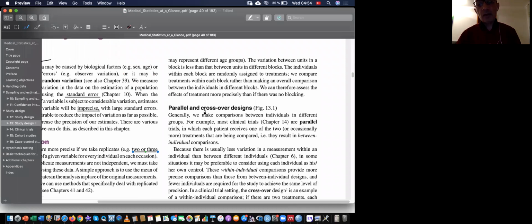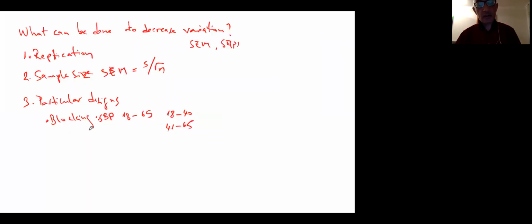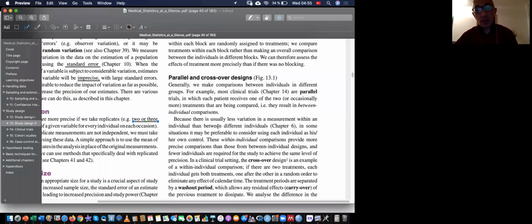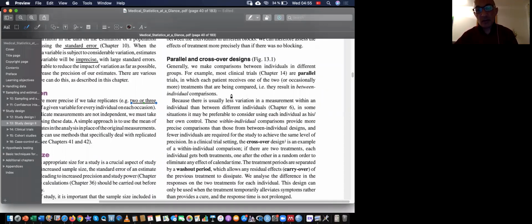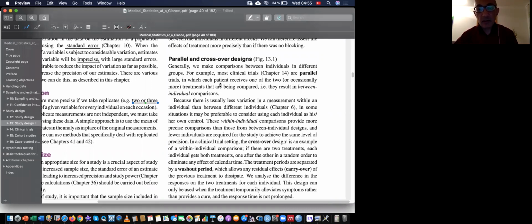Then we have parallel versus crossover designs. What is that? Let me try to explain the parallel and crossover designs. Mostly in research, we have parallel trials.